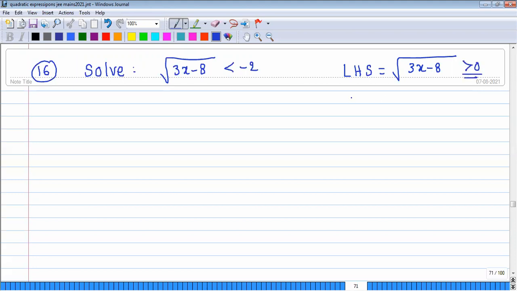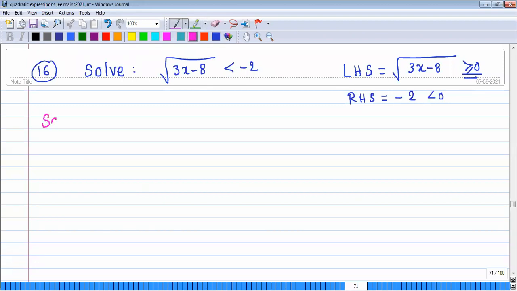Now take the right hand side, which is minus 2. Minus 2 is less than 0. The left hand side may be greater than or equal to 0, but it is never negative. But what is given here? Inequality: positive is less than negative. Is it possible? No. So that's why there is no solution. There is no such x value which satisfies this given inequality. So write it down in that very simple manner.